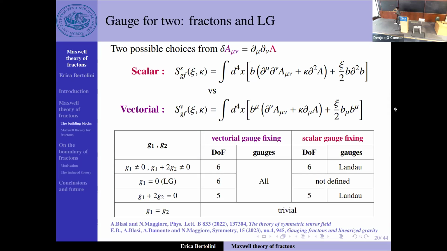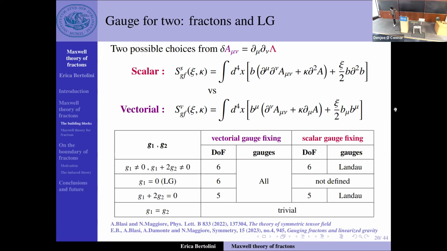However, looking at the left-hand side of this relation, we're dealing with a rank 2 symmetric tensor field, like linearized gravity, in which the gauge fixing procedure is vectorial. So which one is the right one? Which one works? And what's surprising is that they both work.